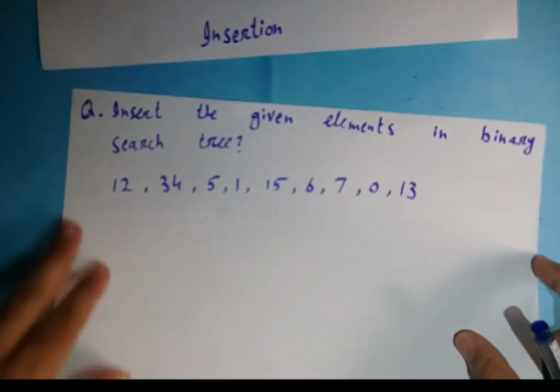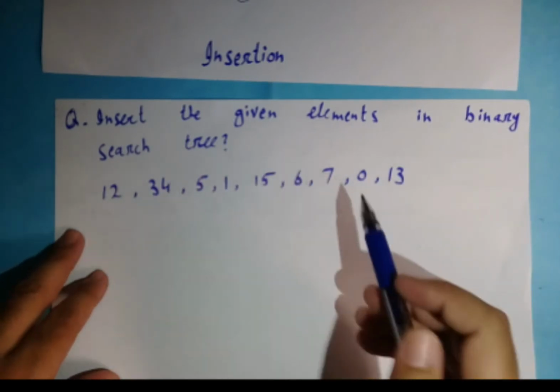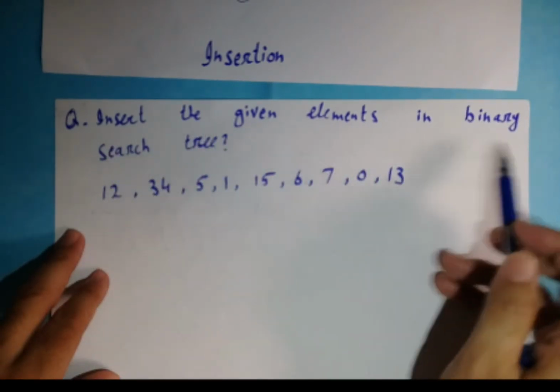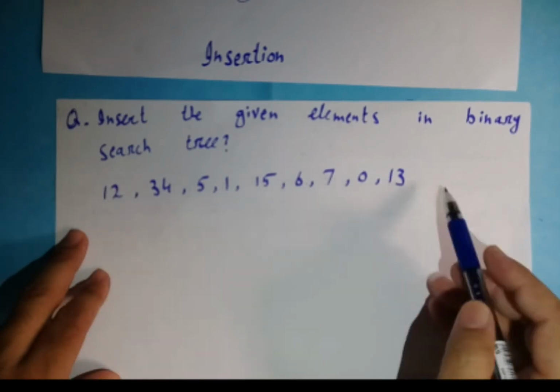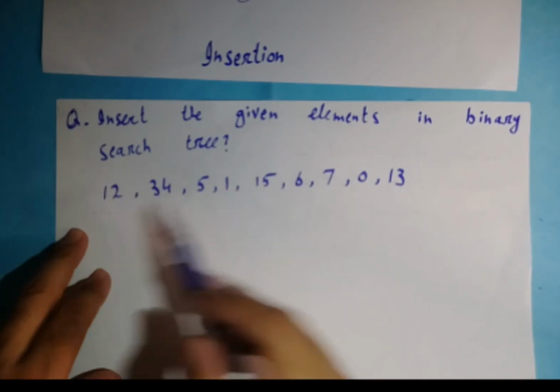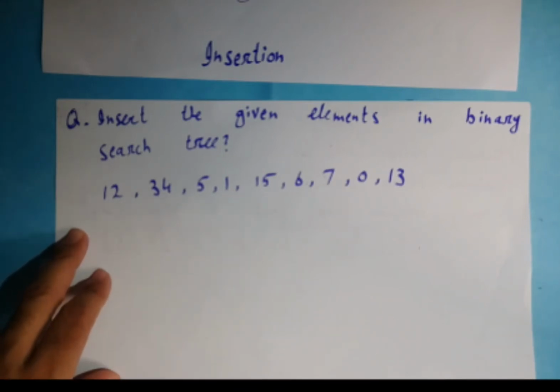Here I've written down one question: insert the given elements in a binary search tree. I've taken these elements, and I'm going to insert them in the binary search tree.